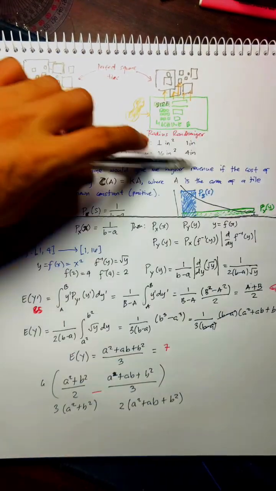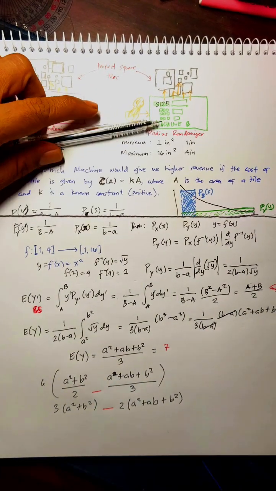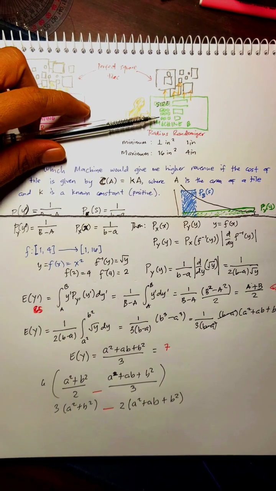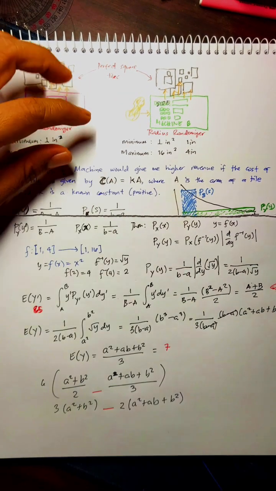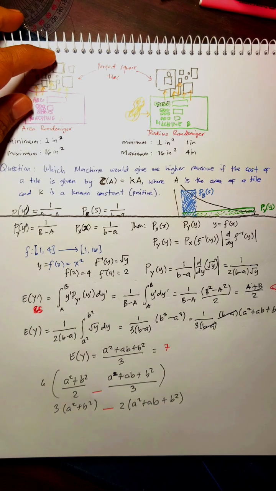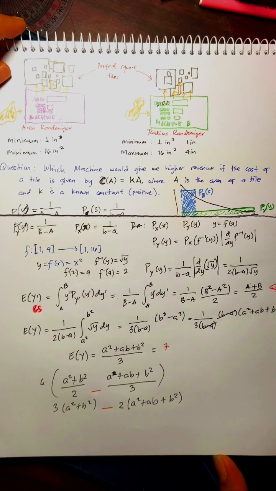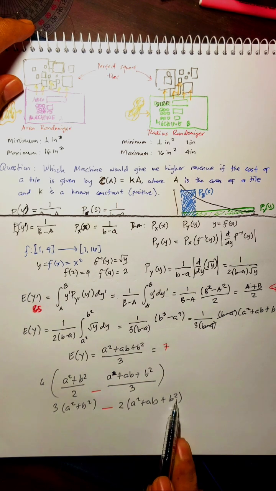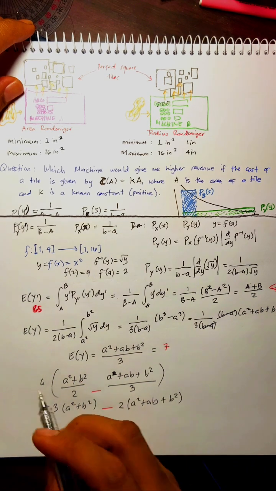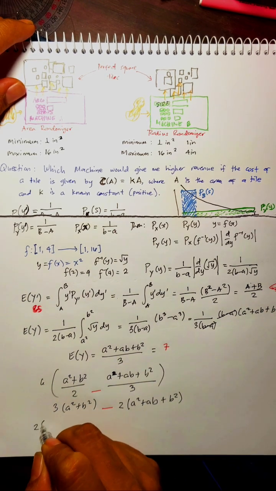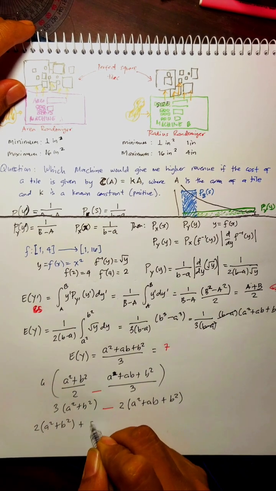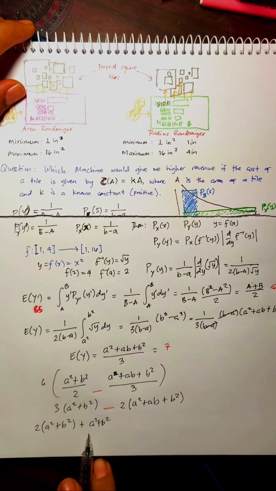Here, I'll just put that one there, meaning that we still do not know the inequality for that. But we can apply some algebraic manipulation here. Notice that we have A squared plus B squared here. We can divide this as 2 times (A squared plus B squared) plus (A squared plus B squared).